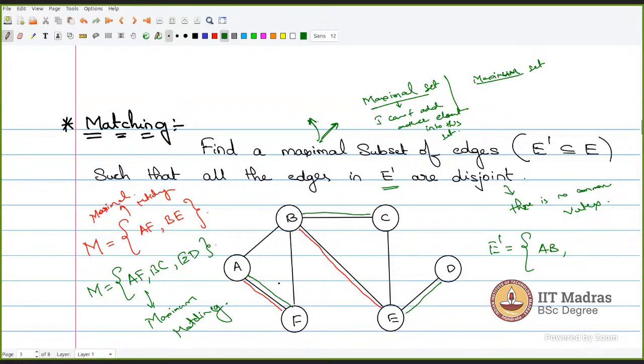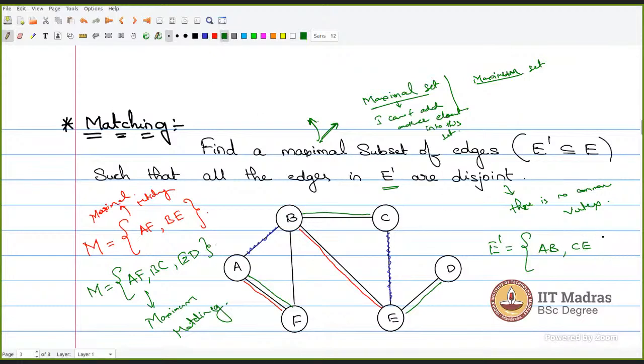So these 4 edges I cannot add if I add AB into my matching set. I ignore all these 4. Now I can add either CE or ED. So I add one of them. Now we are adding CE. So I have added AB and CE into my set.